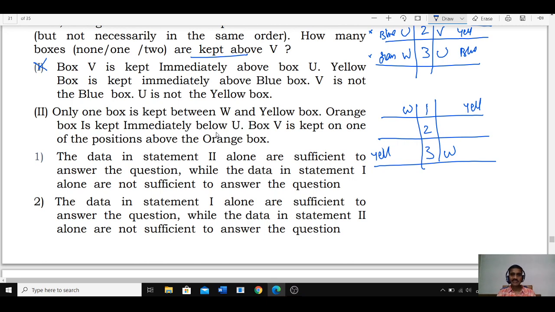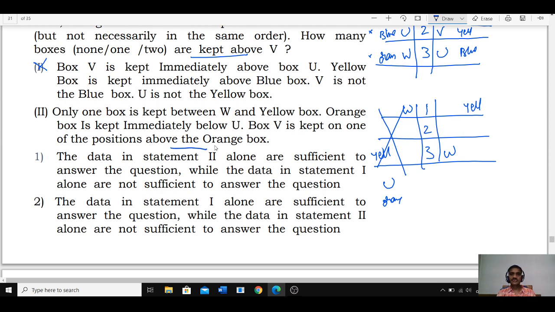Orange box is kept immediately below U. Orange is immediately below U. So if U is here, orange does not fit, and this case is completely ruled out. If U is here, orange is here, two possibilities.